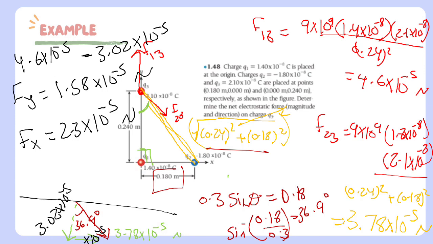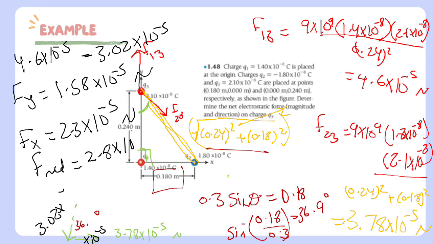Now we use Pythagoras to find the net force, which is the square root of 1.58 times 10 to the power of negative 5 squared plus 2.3 times 10 to the power of negative 5 squared. And that F net equals 2.8 times 10 to the power of negative 5.